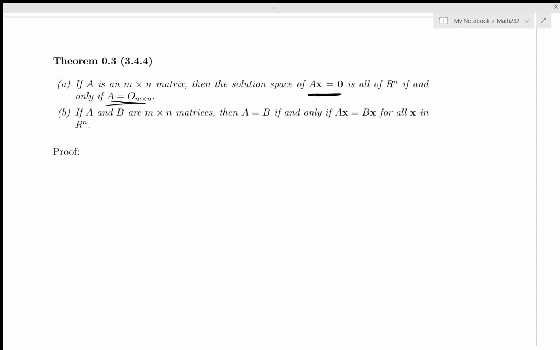Let me add a word of clarification of what part A means. I'm not starting the proof yet.